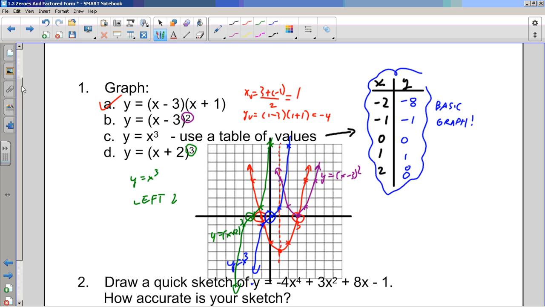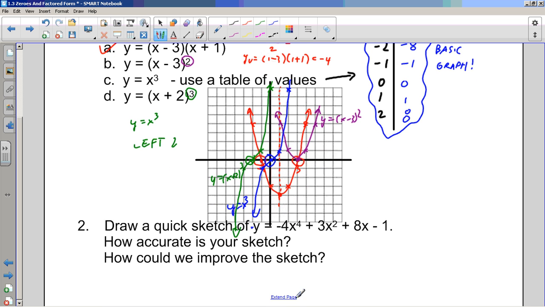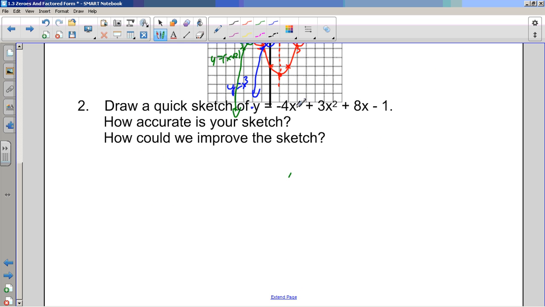And that's a hint for later today when you do the investigation. All right, dandy. Part 2 is kind of a review of last class's stuff, this idea of a quick sketch and how accurate your sketch is. Well, what do we know? We know it's degree 4. Leading coefficient a is -4, so these two things together tell us that it starts low and ends low, because it's an even degree polynomial function.